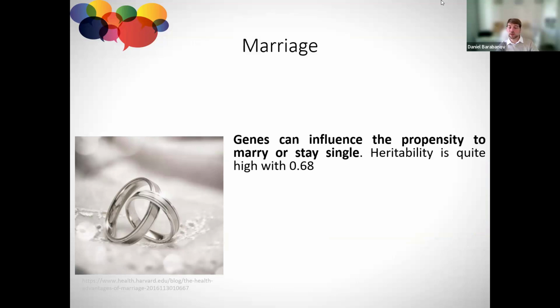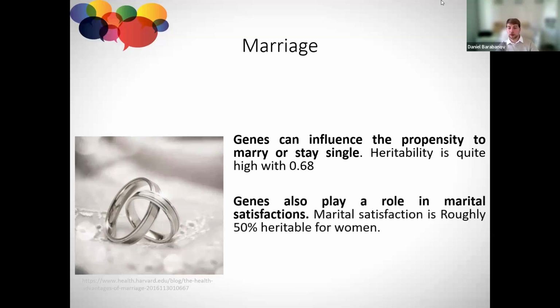So some people do not marry at all during their lifetime, and probably they're genetically different compared to people who eventually marry. It's a very interesting, surprising result. Initially, I supposed that it has no connection with genetics at all, and it's always a matter of life choice. But now we know that it might be actually quite heritable.